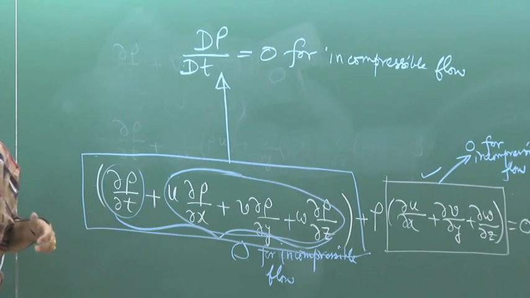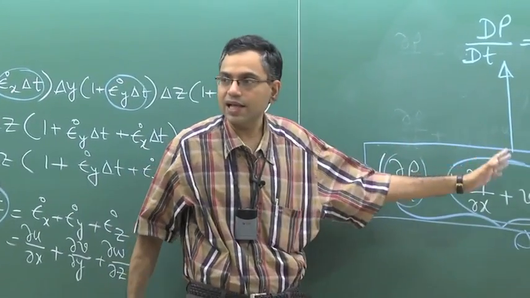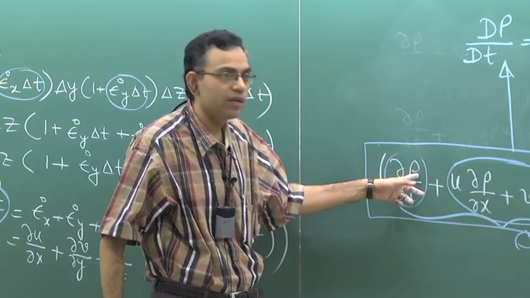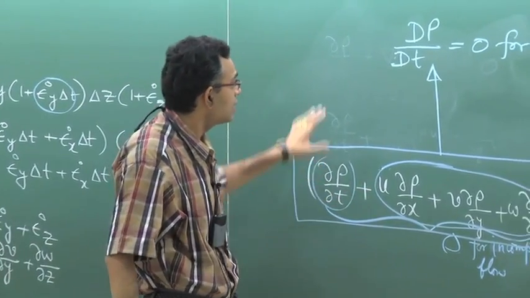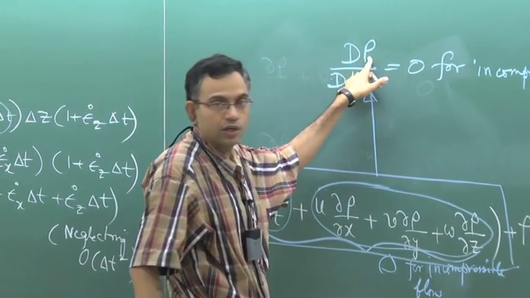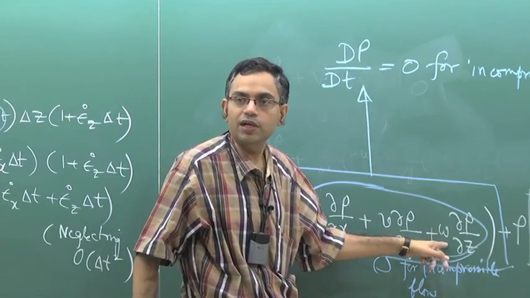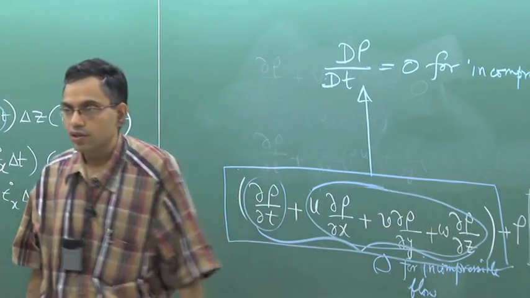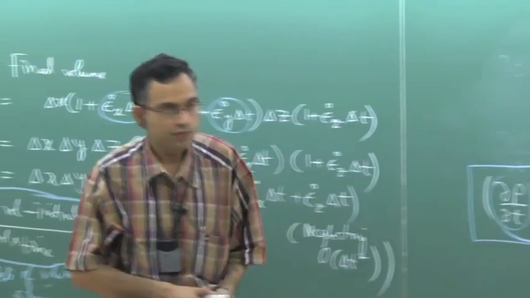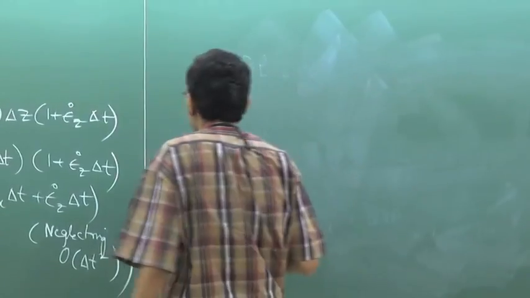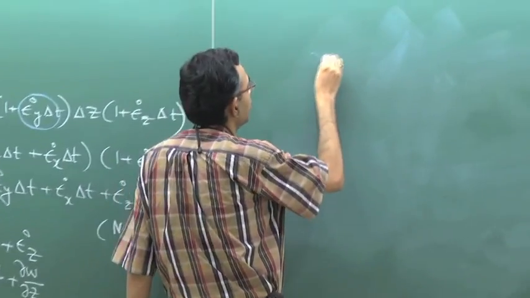In your earlier course on fluid mechanics you have learned that the total derivative of velocity is acceleration. In place of rho, if you write u, then that is acceleration along x. So this is just the capital D Dt operator operating on rho. This is the unsteady component and this is the advective component, the component due to flow. So the sum total of these two is 0 for incompressible flow. So we have discussed conservation of mass. Next we will discuss conservation of momentum.